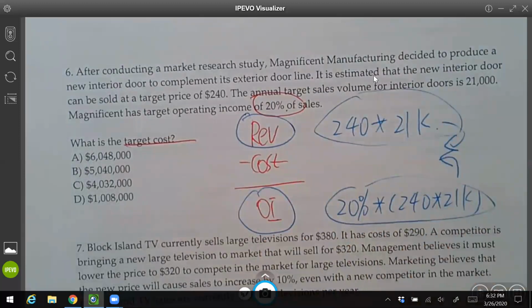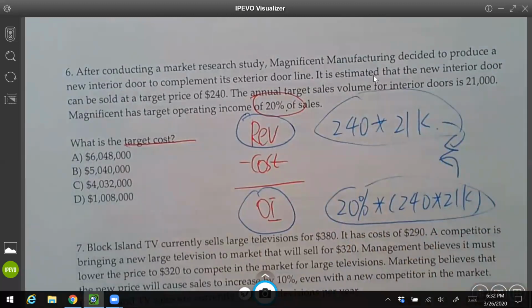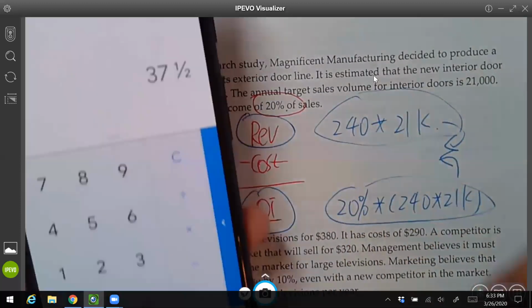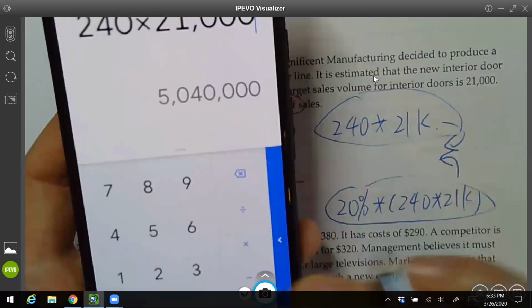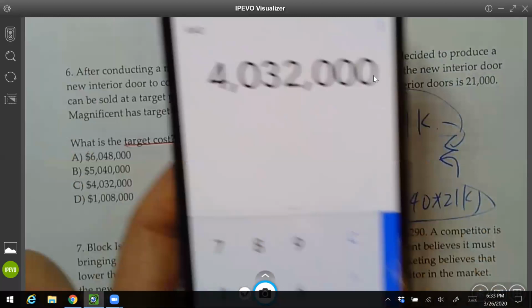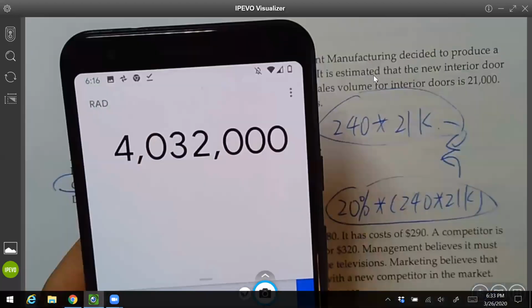So that basically is 80%, right? Let me see whether I get it, yes or no. So it's 240 times 21,000 times 80%. I got the answer for 32,000. I hope it's the right answer.